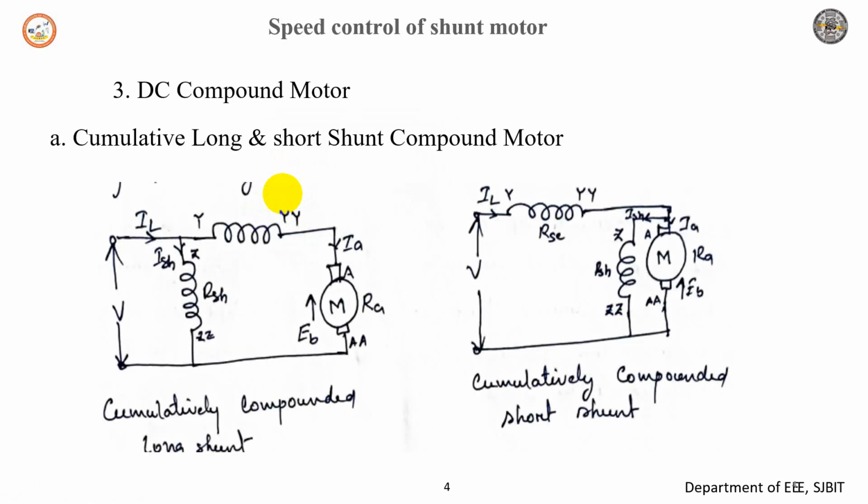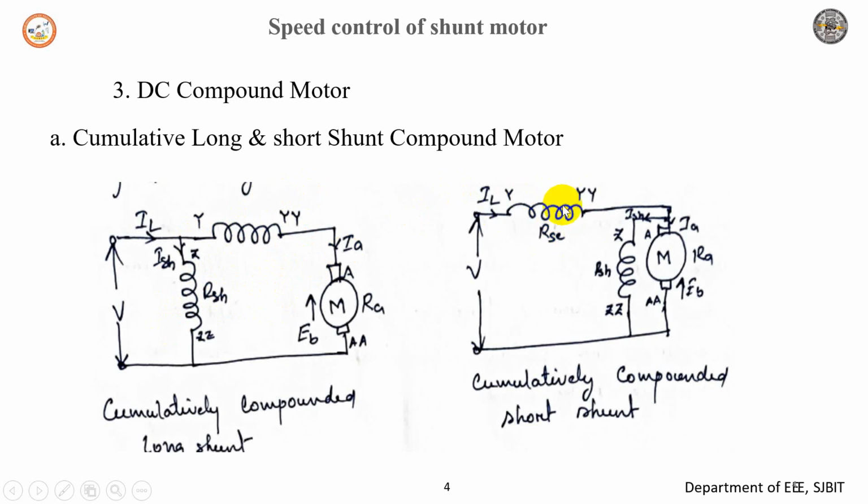Now coming to the DC compound motor, we have two types, that is cumulative long shunt and short shunt compound motor. The difference between long and short shunt is that long shunt refers to when the shunt field is connected in parallel with both the armature and the series field, then it is called a long shunt compound motor.